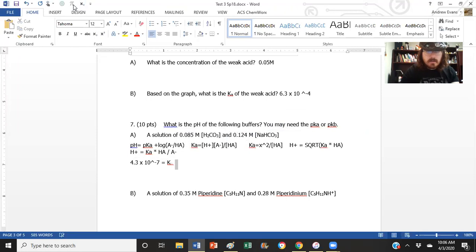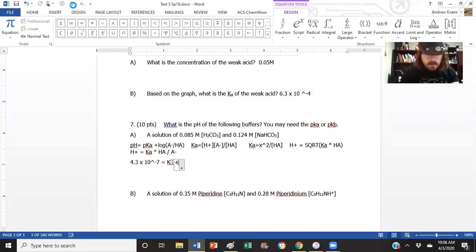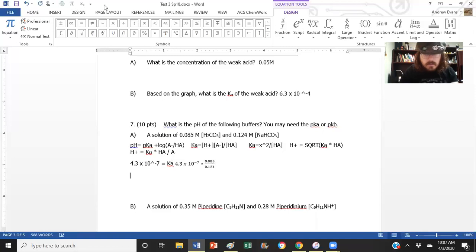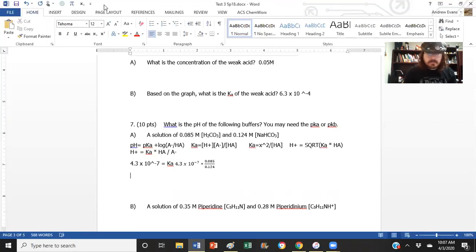So Ka is 4.3 times 10 to the negative 7 times HA, which is our 0.085, divided by our 0.124. So doing that math real quick.